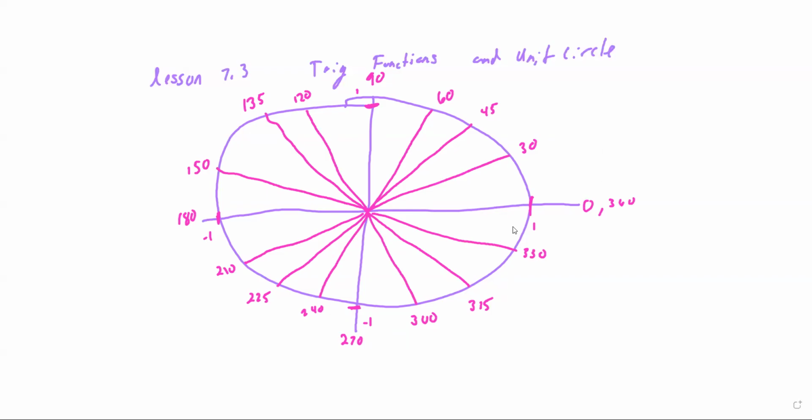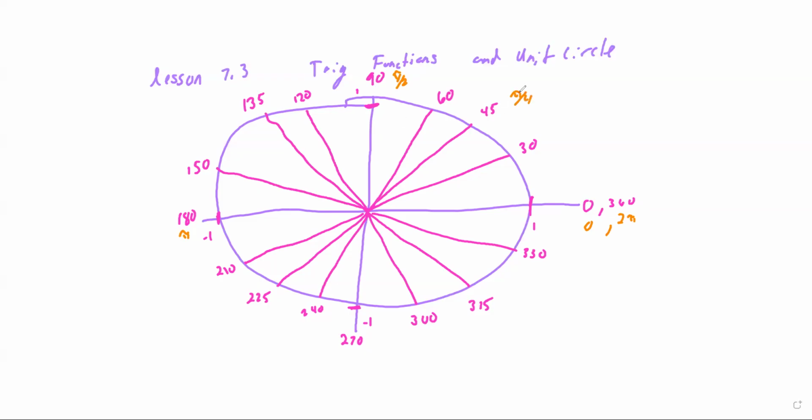You then need to also know their radian measures. So 0 degrees would be 0 radians. This would then be 2 pi for a full circle. We know that already. Half of a circle would put us at just pi. Half of that would put us at pi halves. Half of a half of a half will give us pi fourths.